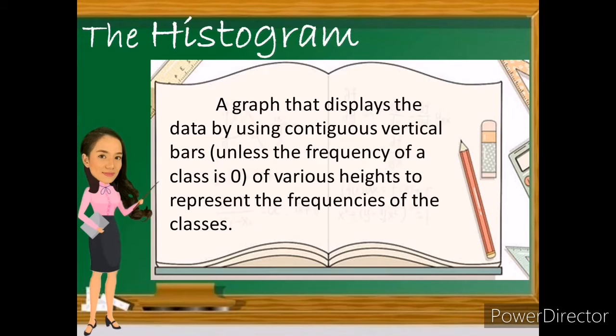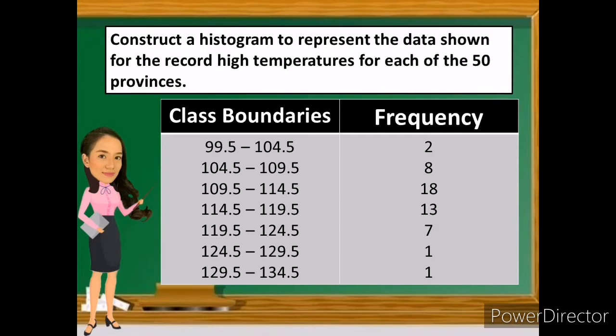So, let's have an example to understand how to construct a histogram. Construct a histogram to represent the data shown for the record high temperatures for each of the 50 provinces. So as you can see, we have here the class boundaries and frequency.